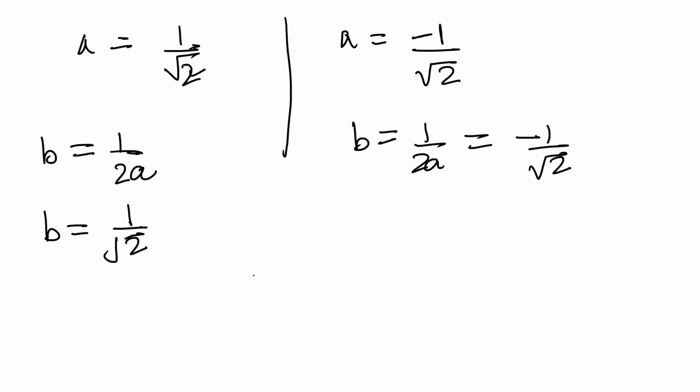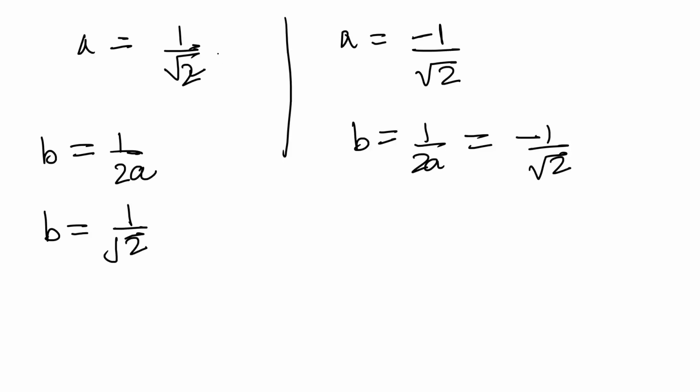So the square root of i can take two forms, or can result in two complex numbers. One complex number is obtained by taking the first pair of values of a and b, that is 1 by root 2 and 1 by root 2. The second complex number is obtained by the second pair of values of a and b, that is negative 1 by root 2 and negative 1 by root 2.